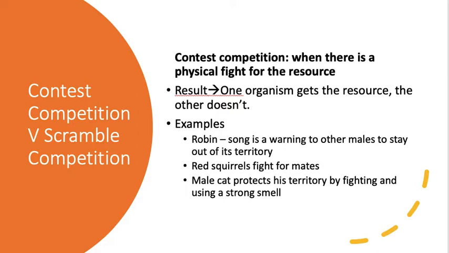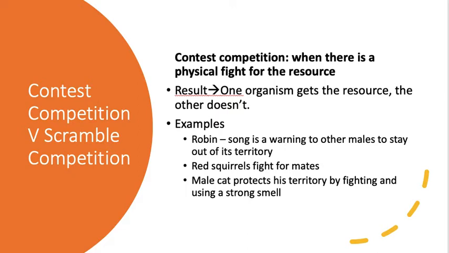If we look at the stags, the victorious stag gets the mate, the other one doesn't get it. Examples would include robins. So when we hear beautiful robin song, that is actually a warning from one male robin to another to stay out of his territory. He's getting all that territory, the other guy is not being allowed in to share.